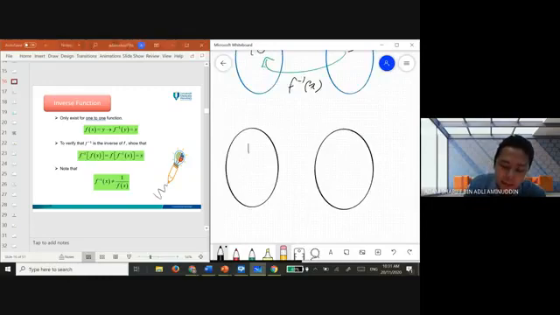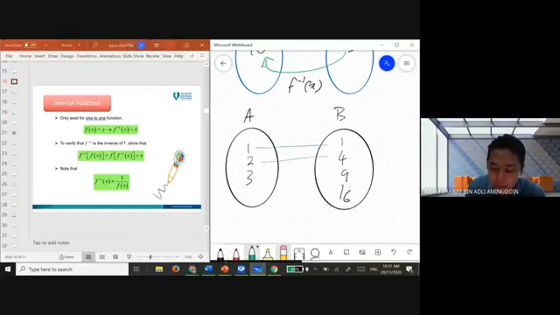Kita ada buat example ni tadi. 1, 2, 3, 1, 4, 9, 16. Tadi kita ada buat. Okay. 1 to 1, 2 to 4, 3 to 9. For this particular visualization, this is a one-to-one function.